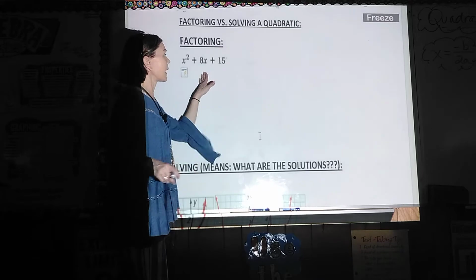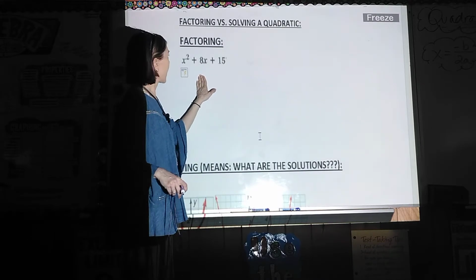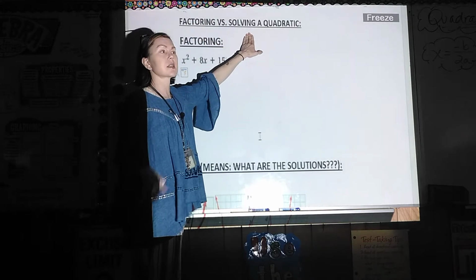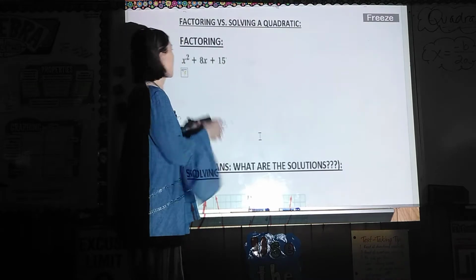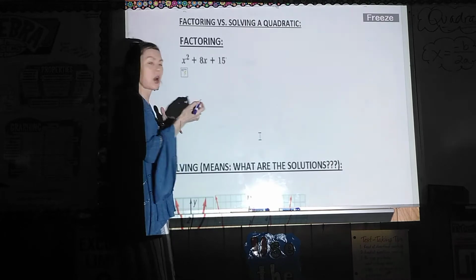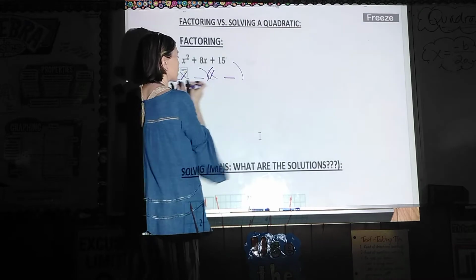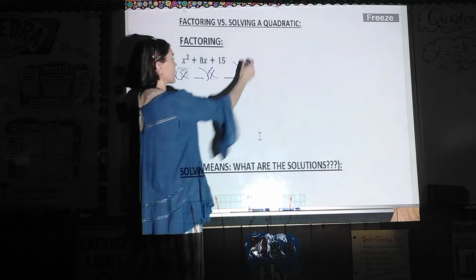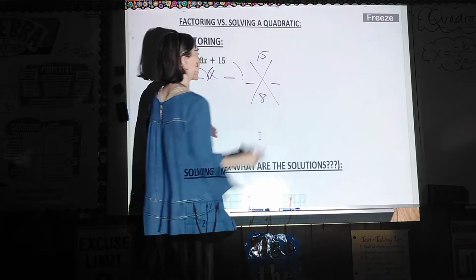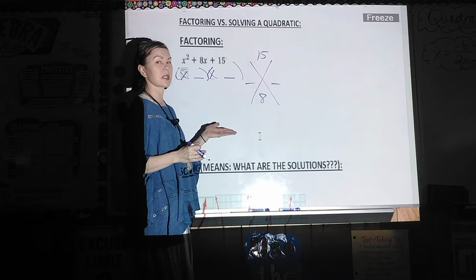So here we have a trinomial, a quadratic. And I want you to know the difference between factoring versus solving. If we were to just factor this, the a value is equal to 1, and we would go 1, 2, x, fill in the two blanks and say, what two numbers when multiplied together give you a positive 15, but when you add them together give you a positive 8?